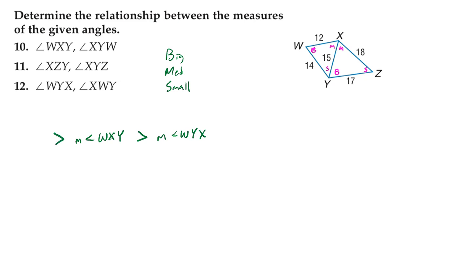And then that's bigger than the biggest, which is the measure of angle W. And a totally separate chain on the right: the biggest is the measure of angle ZYX, which is bigger than the measure of angle ZXY, the medium, which is bigger than the measure of angle Z.